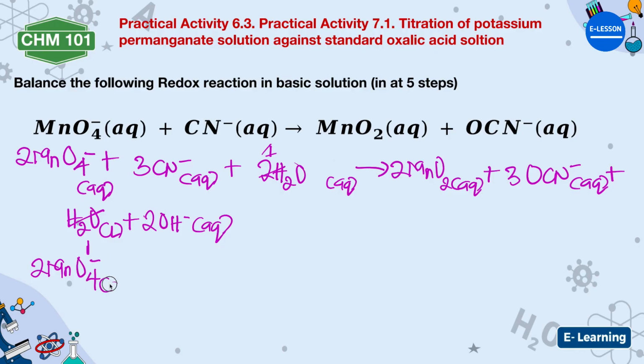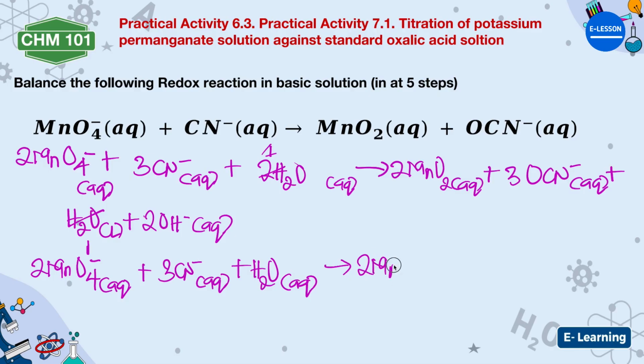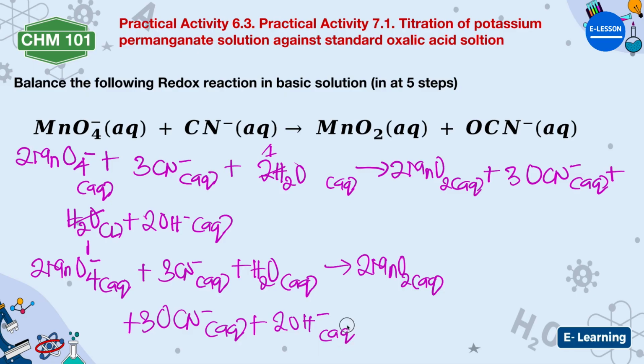So the final reaction, my dear student, will be 2MnO4 negative aqueous plus 3CN negative aqueous plus H2O liquid. This will give us 2MnO2 aqueous plus 3OCN negative aqueous plus 2OH negative aqueous.